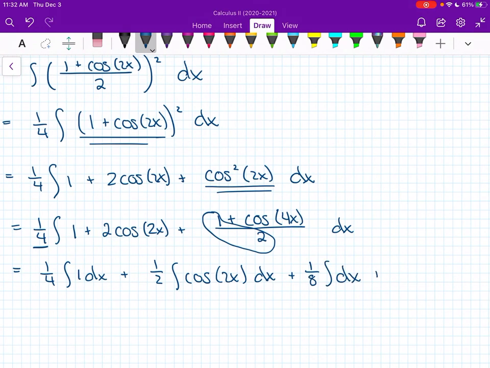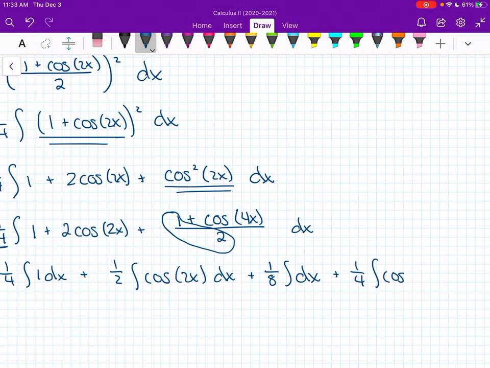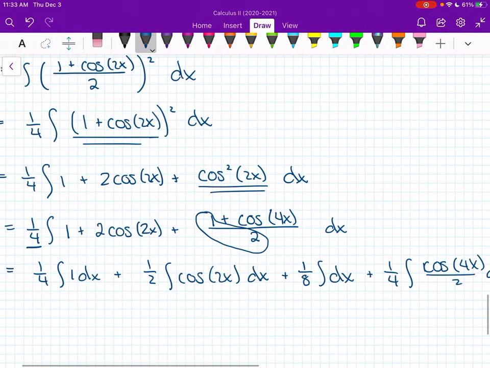And then my last one is going to be that 1/4 cosine of 4x. Oh, nope, it's going to be 1. Oh, yeah. Forgot we have the 1/2 on the inside there. So 1/4 times cosine of 4x over 2 dx. So I'm going to have an 1/8 there.